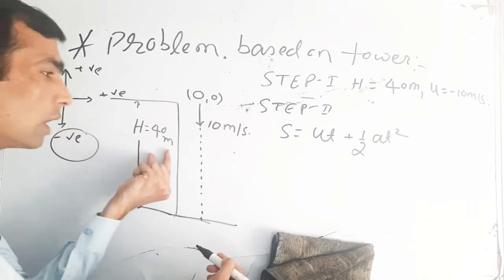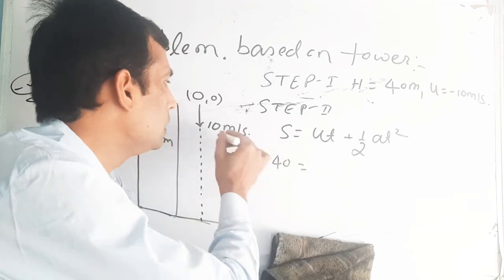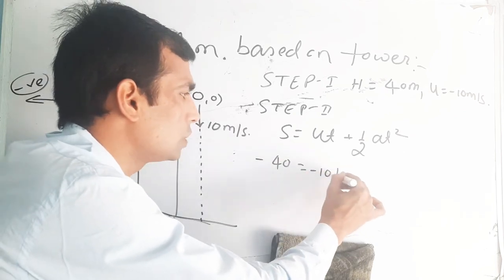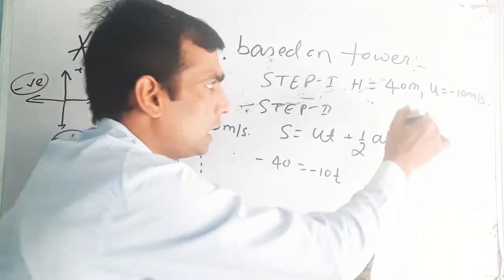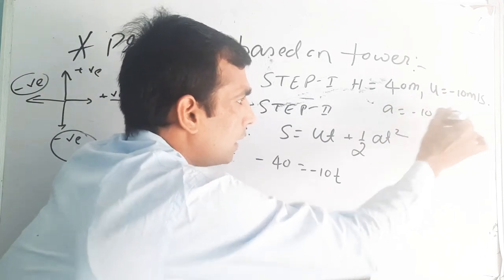So student, s is basically -40, u is -10 into t, and the acceleration a considered here is -10 meter per second square.